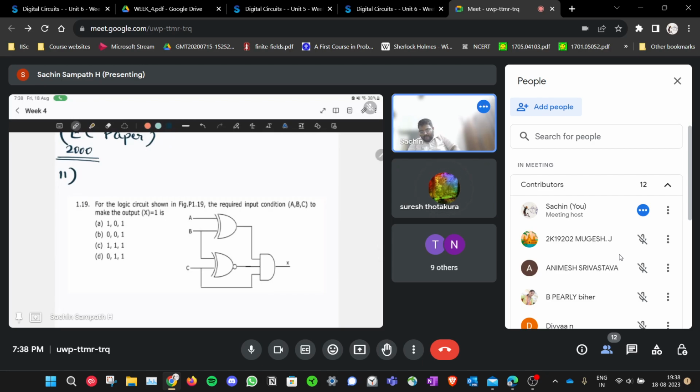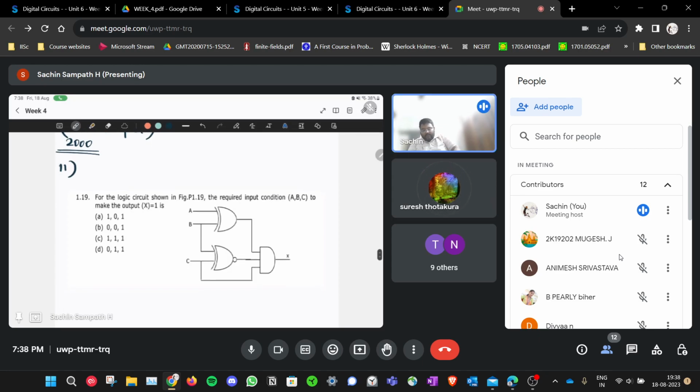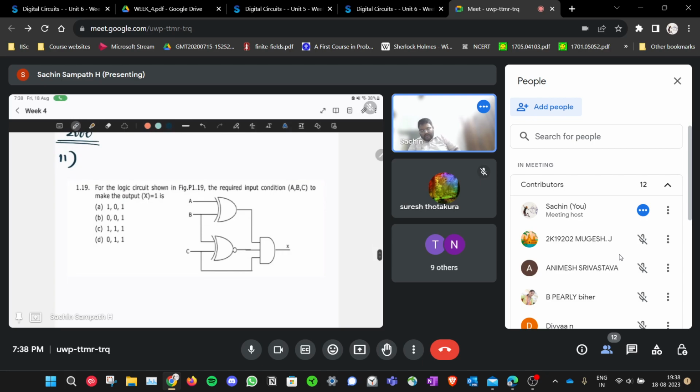Let's see. For such type of questions, it's simply easier to try out all the options, or you could also write the simplified expression for x. You could write the expression for x and substitute there, or you could just simply write it out here.